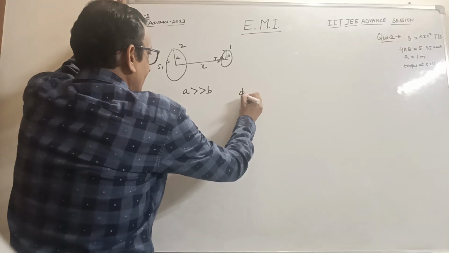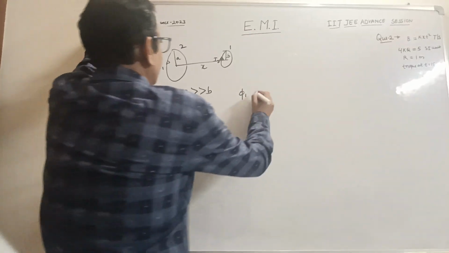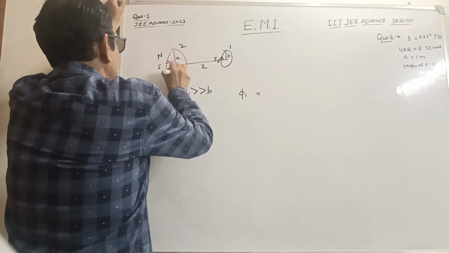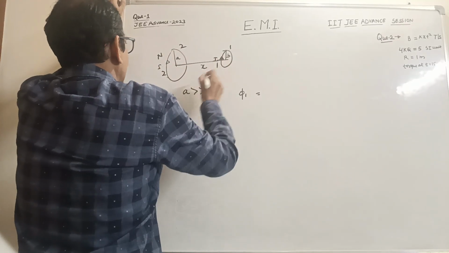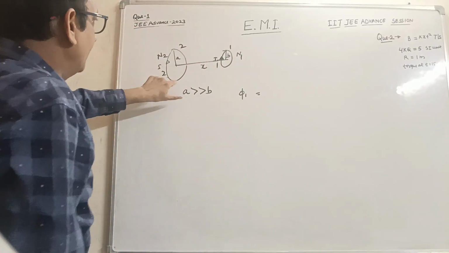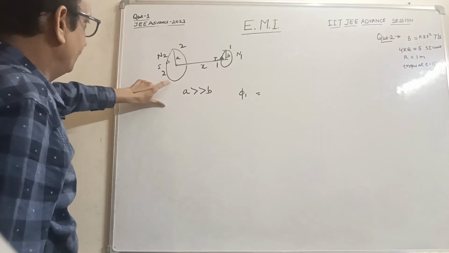This is the number of turns N2, this is the number of turns N1. So we have to find the mutual inductance for the coil.